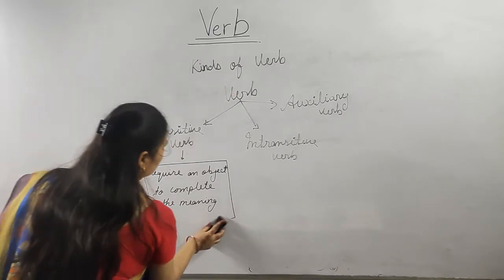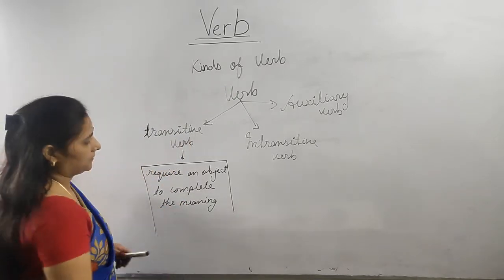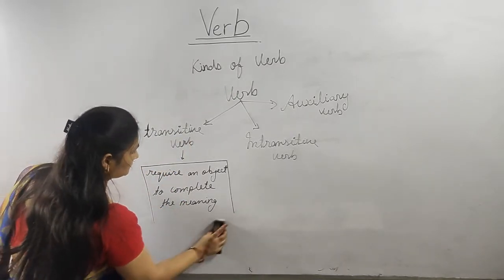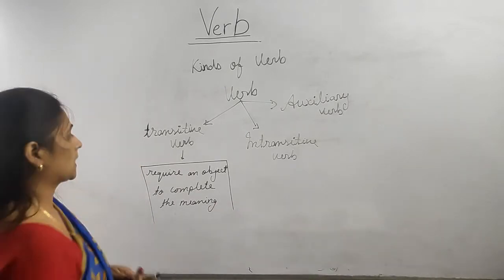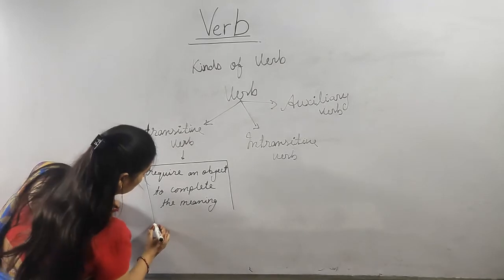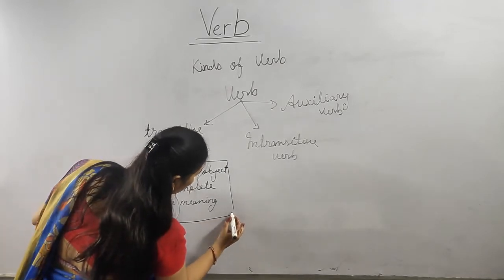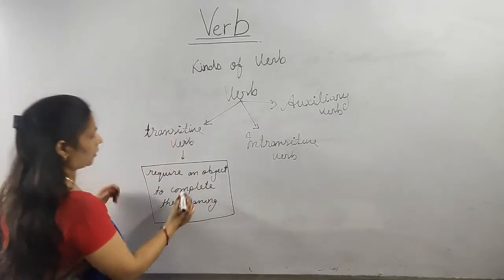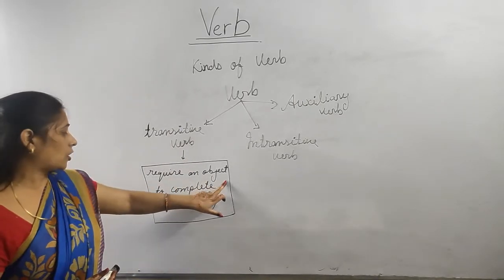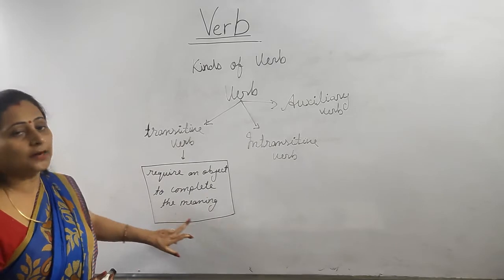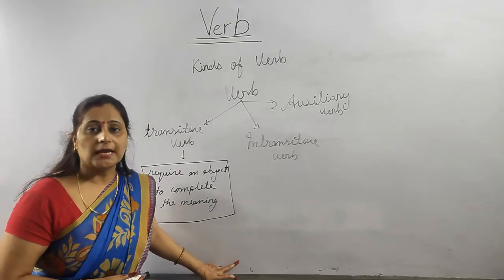Require an object to complete the meaning. It means a sentence which has an object is called transitive verb. Transitive verbs require an object to complete the meaning of the sentence.